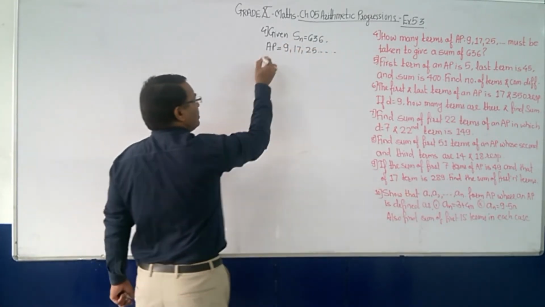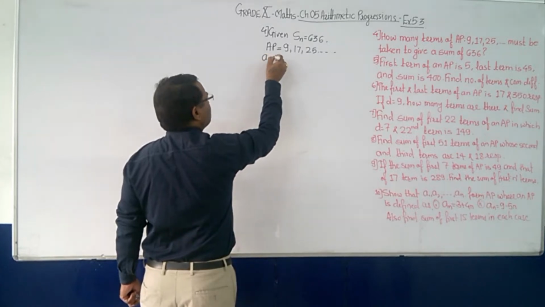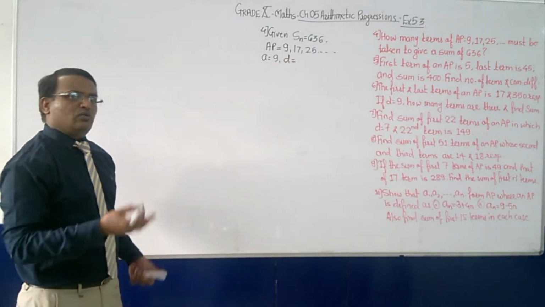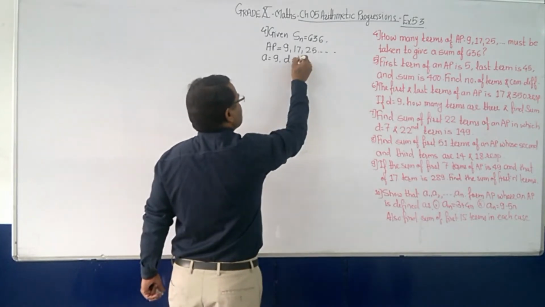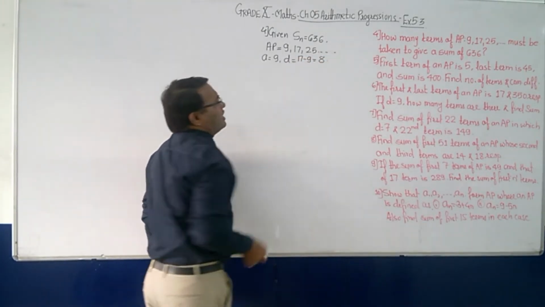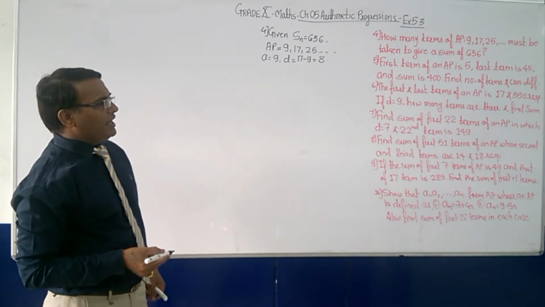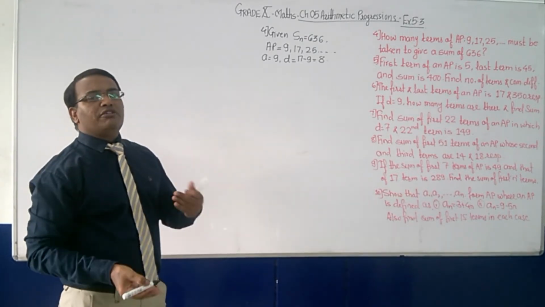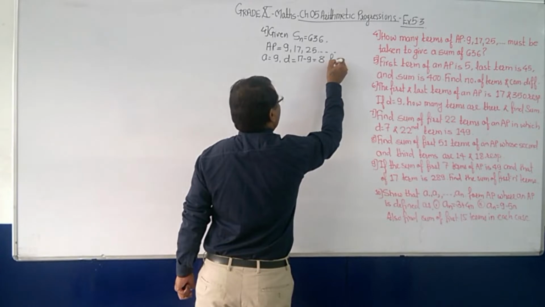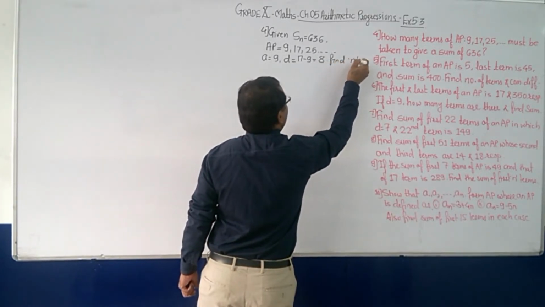So from this you can find out a is equal to 9. Can you find out d also? Of course yes, because a2 minus a1, that is 17 minus 9, will come out as 8. What to find? How many terms? How many terms means the number of terms, or simply you can write: find n.